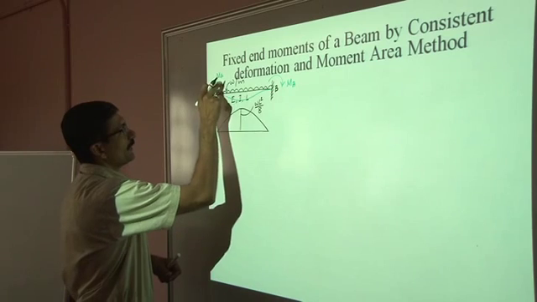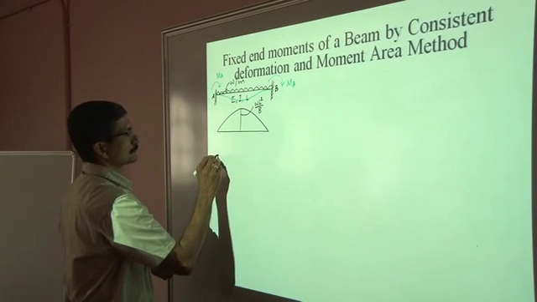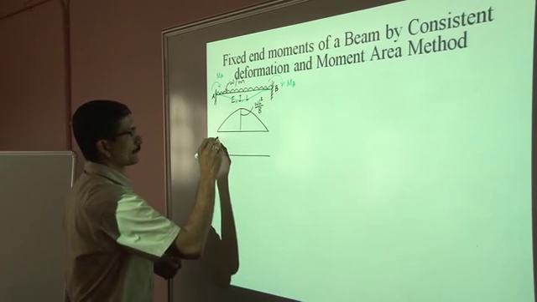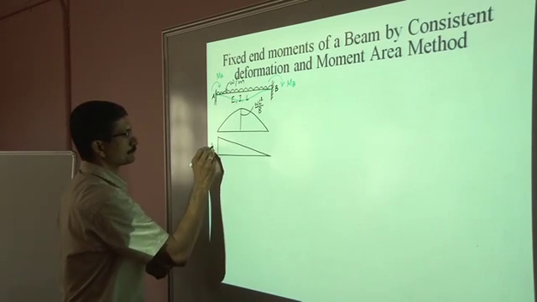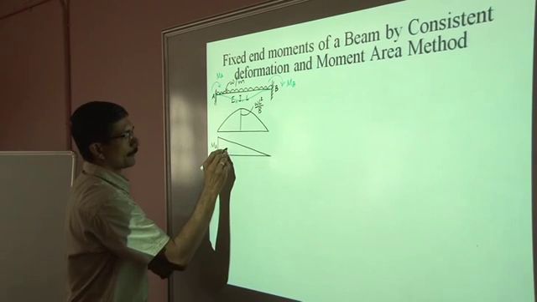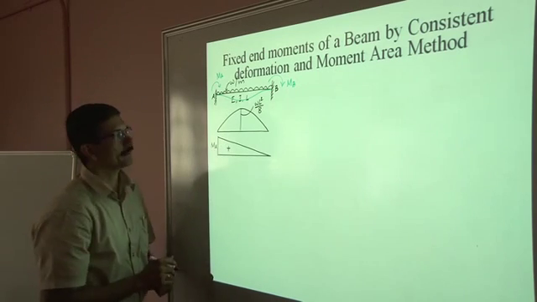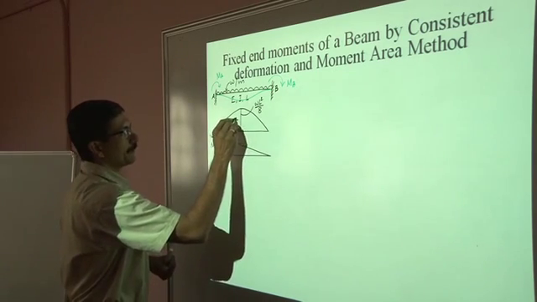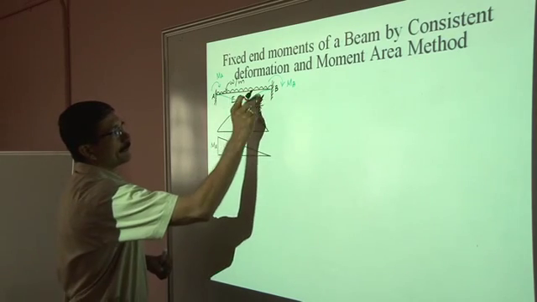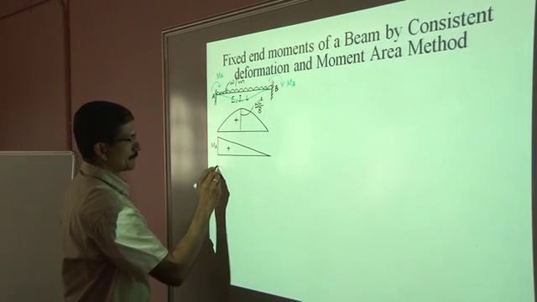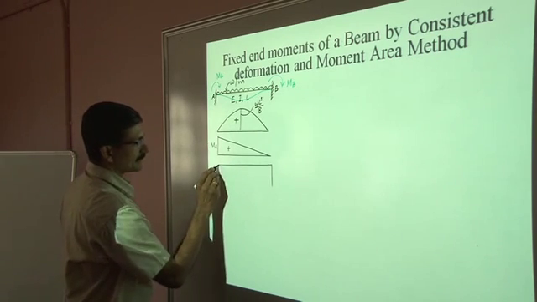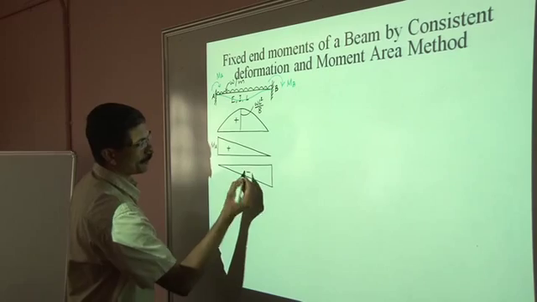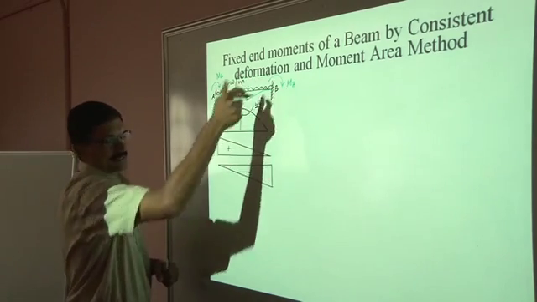The BMD for MA would look like this. Sagging bending moment diagram. This also is a sagging bending moment diagram. The BMD for MB would look like a right angle triangle but with negative ordinates.